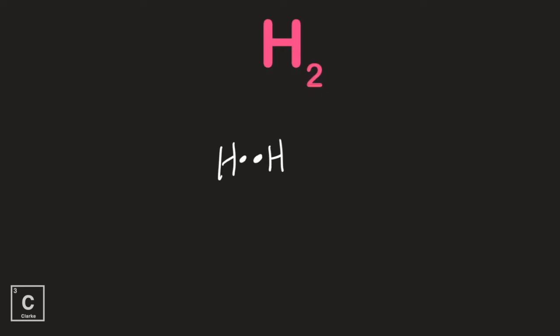Covalent bonds share electrons. Hydrogen, remember that weird hydrogen, only wants 2 electrons to have a full valence. So when this hydrogen gets close to this other hydrogen, they're going to share these electrons and make a bond.